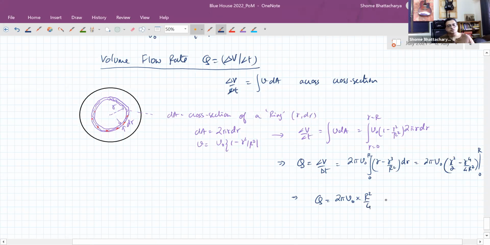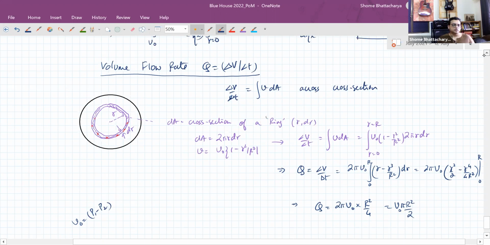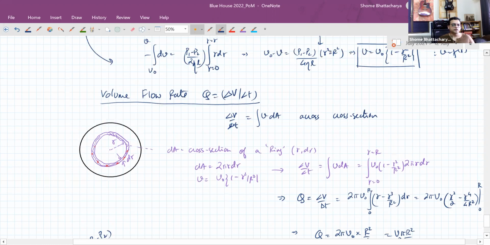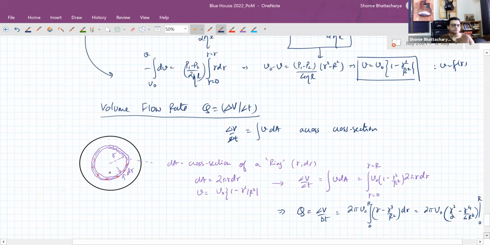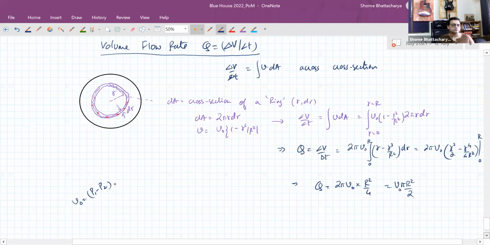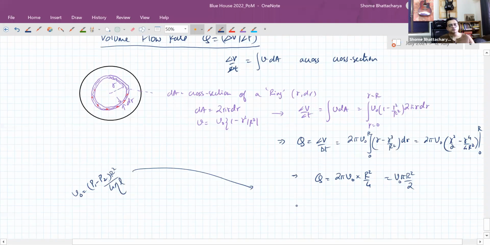This factor becomes V naught into pi R squared divided by 2. Now remember what V naught was earlier. V naught was the pressure difference into R squared divided by 4 eta L. Substitute that here.